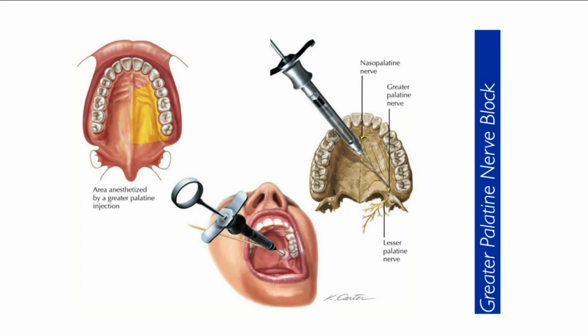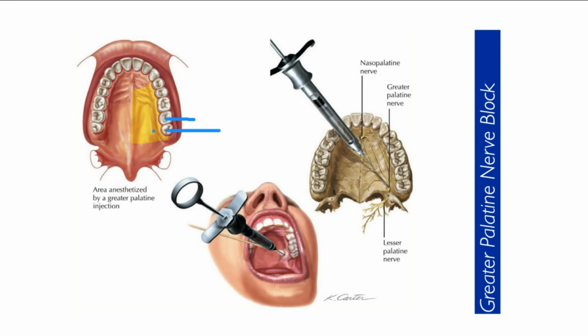So if you are working on these, whether it's MSA or PSA, you're targeting the greater palatine foramen. How to get into that foramen? Here it is. You find the third molar, or between the second and the third, and you go inside.